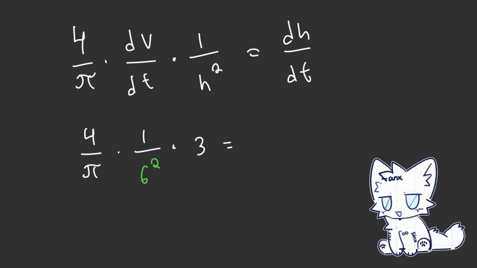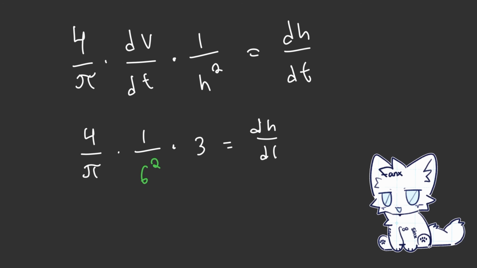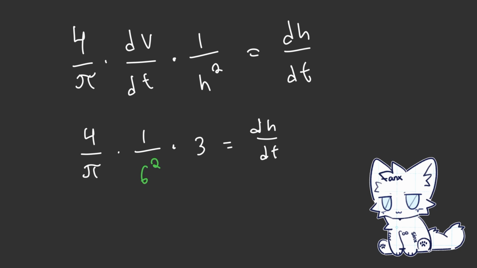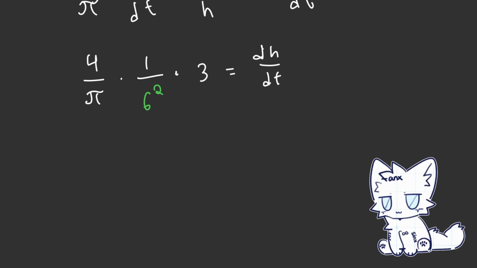And that is equal to dh/dt. Simplifying this down, it's just a matter of getting the algebra correct. 12 over 36 times 1 over pi, which is equal to 1/3.